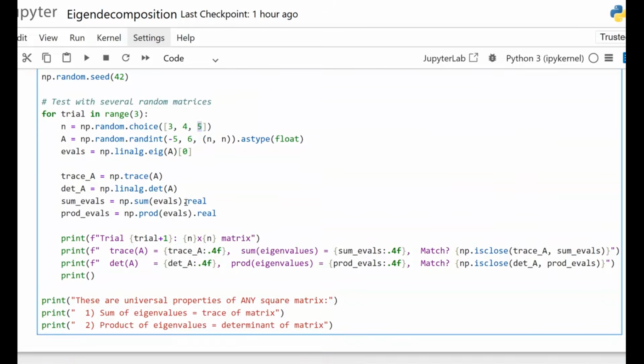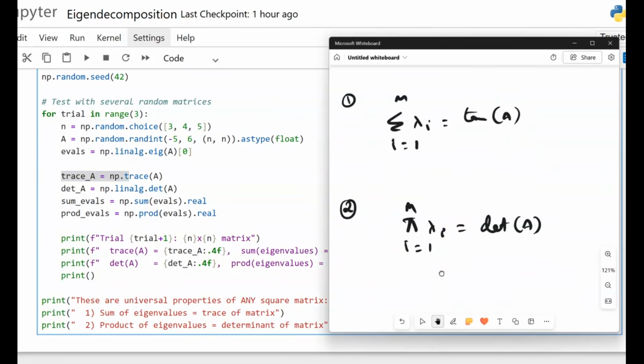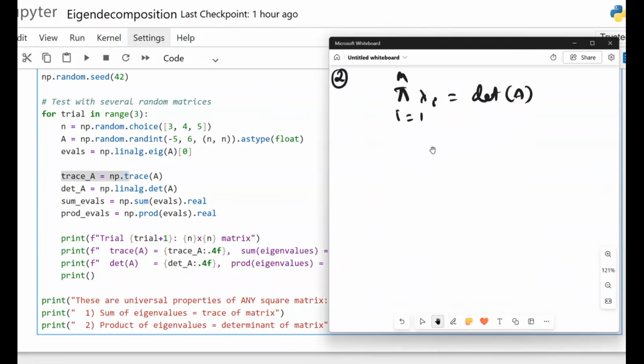And dear friends, kindly observe here we are just going to have the trace and summation of eigenvalues. That is trace versus summation of eigenvalues, and theoretically it results in trace of A, which is equal to summation of lambda sub i. And dear friends, the trace is the sum of diagonal elements, and here always equals the sum of eigenvalues, counting multiplicity.